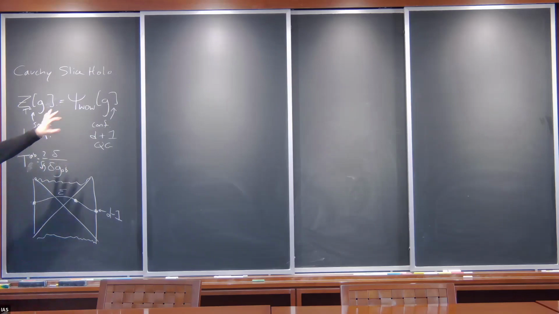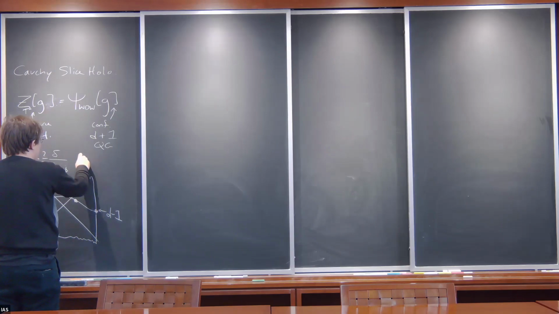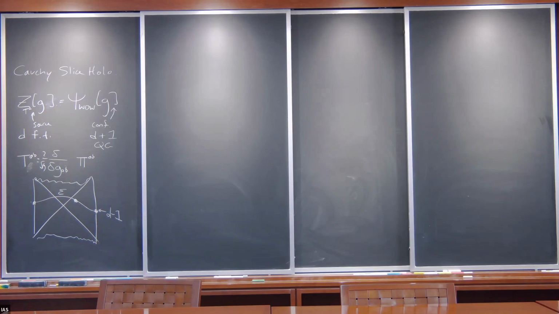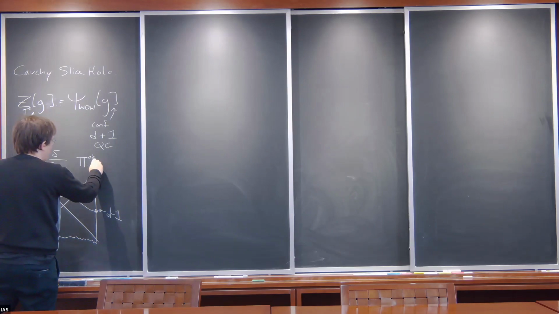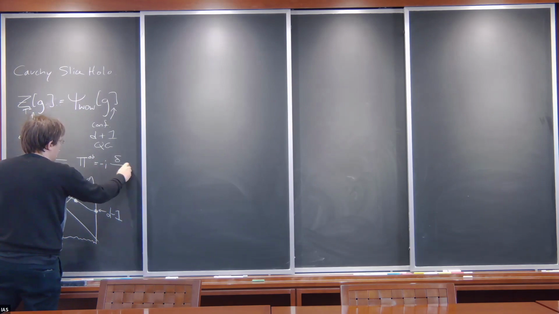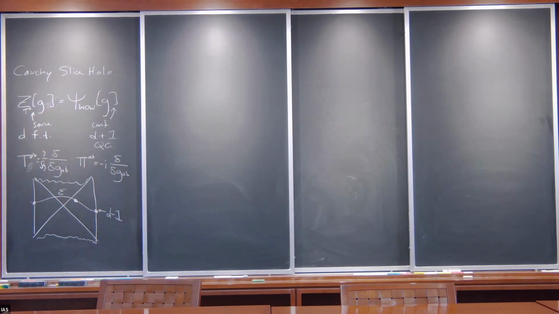On the Wheeler-DeWitt side, we would write down a similar equation in terms of the ADM momentum. So that's like minus i, the derivative with respect to the metric.